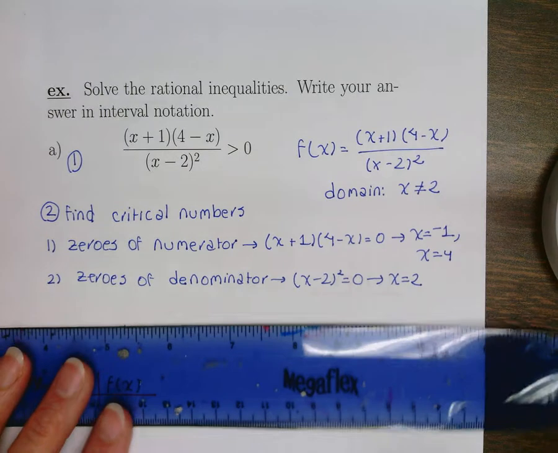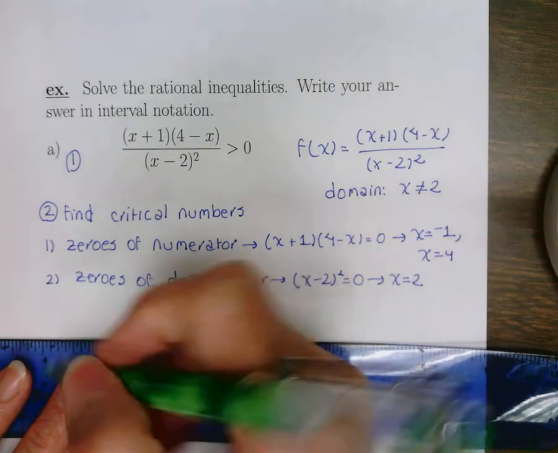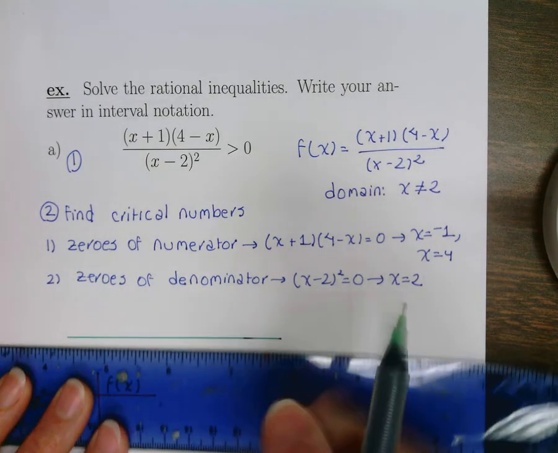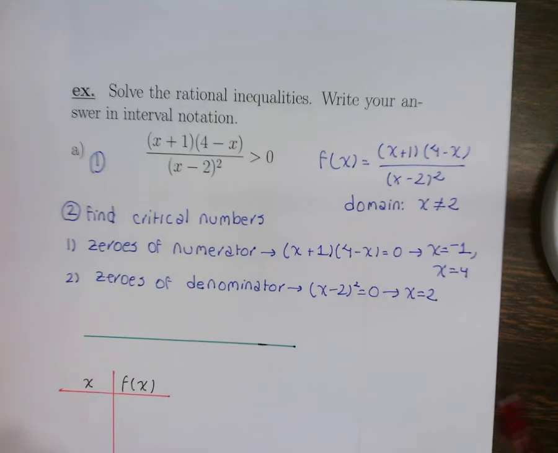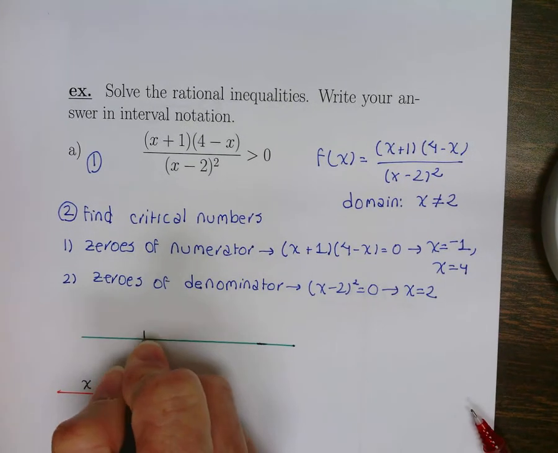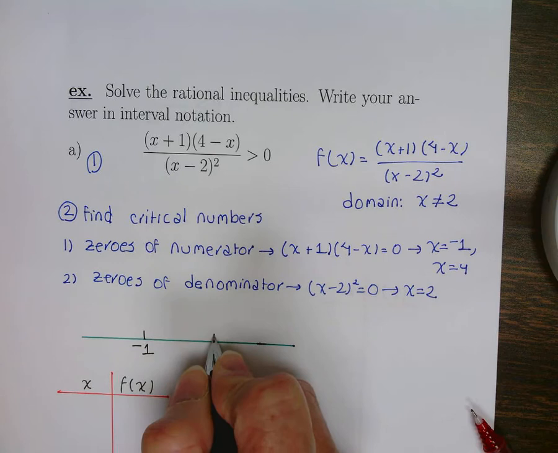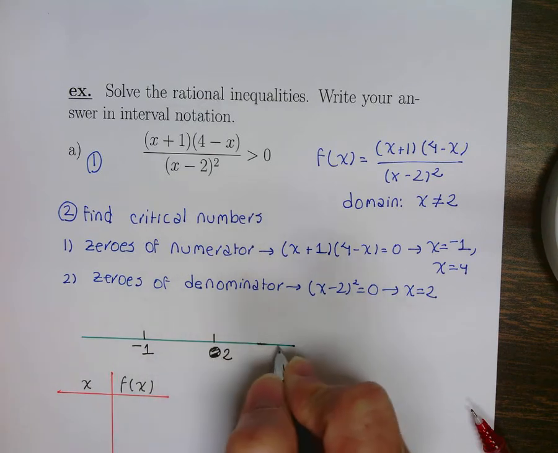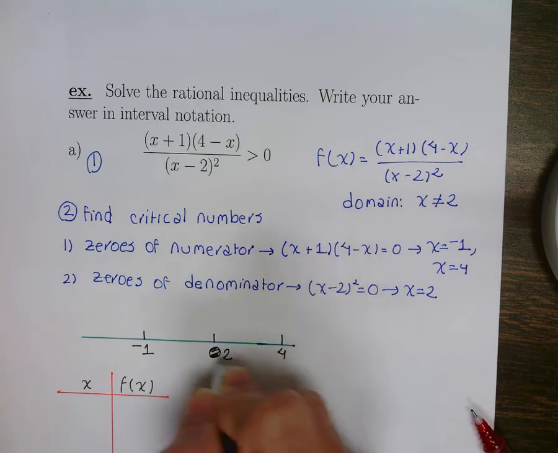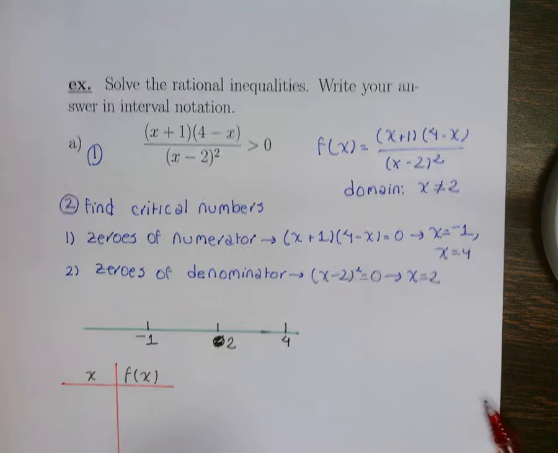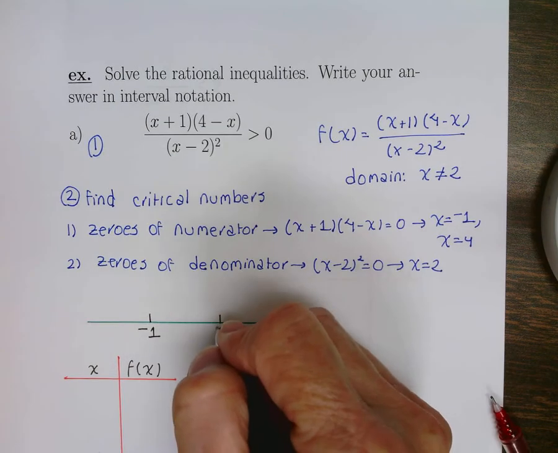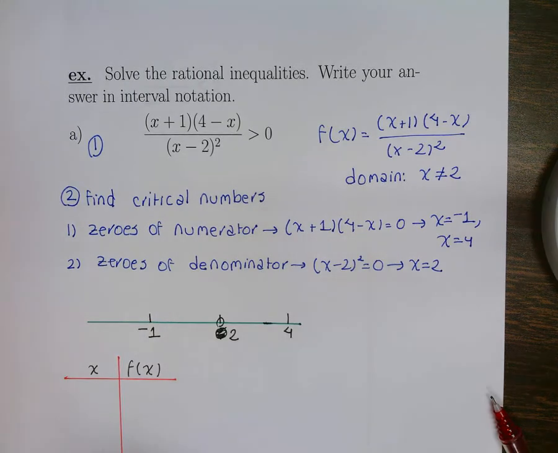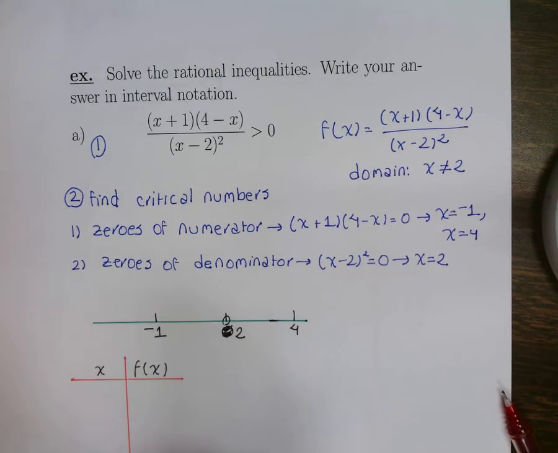And so when I set up my number line, I'm going to have all three values. I'm going to have -1, 0, 2, and 4. Okay. Even though 2 can't be in the domain. And you might want to put a little circle there to indicate that it's not a possible choice.